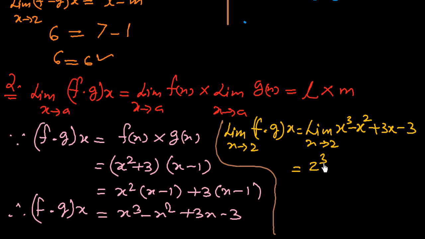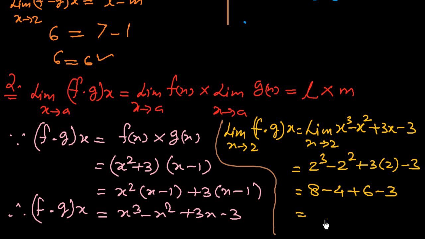So 2 cube minus 2 square plus 3 into 2 minus 3. So we get here 8 minus 4 plus 6 minus 3. So 8 plus 6 is 14 and minus 4 minus 3 is minus 7. So we get here 7. So 7 is the limit for f into g of x at x tends to 2.